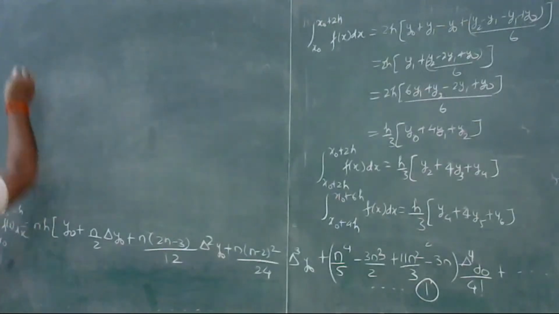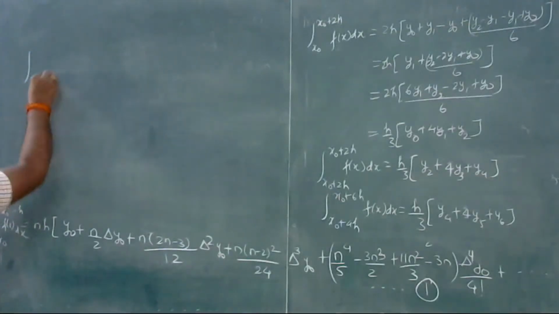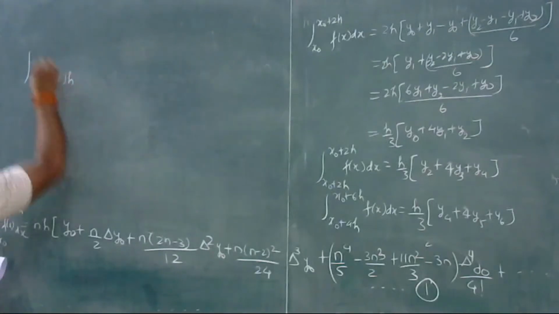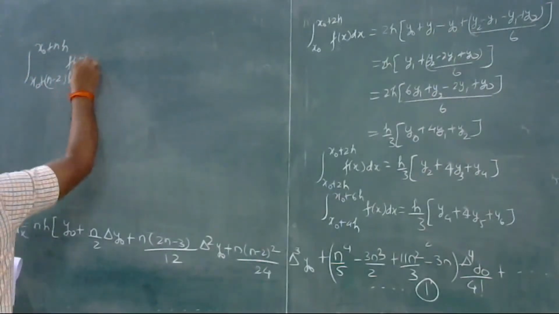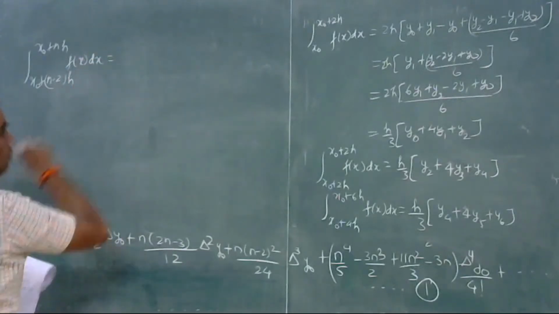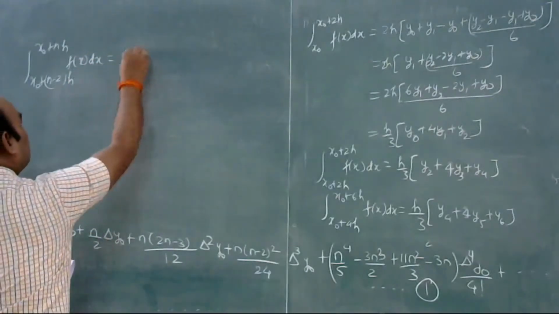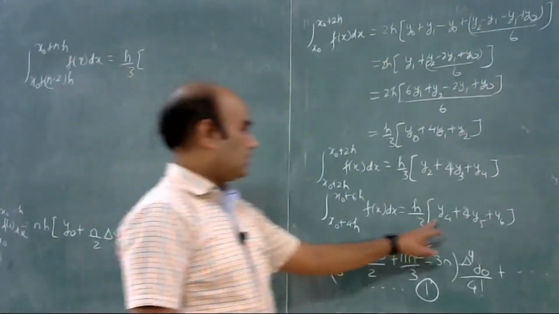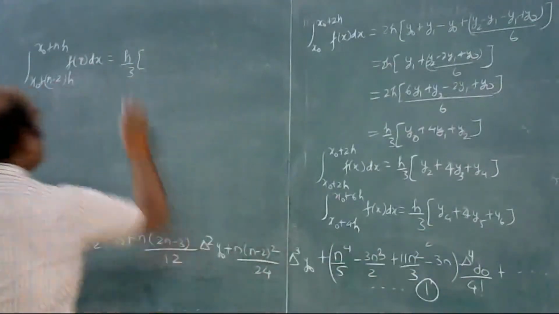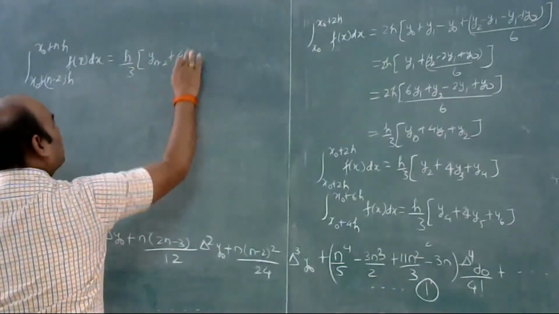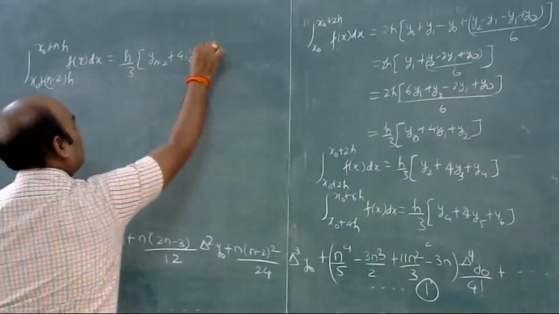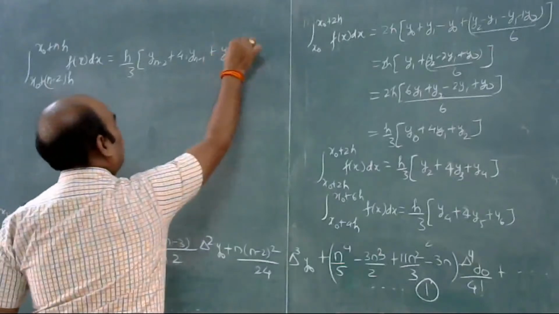So the nth term will be the integral from x naught plus n minus 2 times h to x naught plus n times h of f of x dx, equal to h by 3 times y n minus 2 plus 4 times y n minus 1 plus y of n.